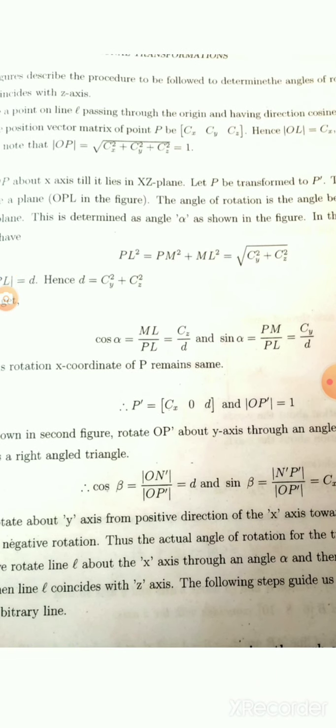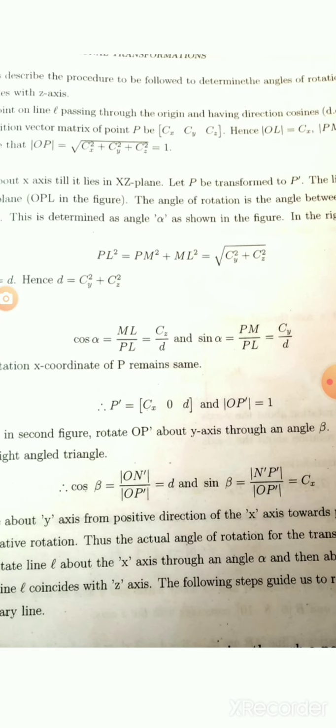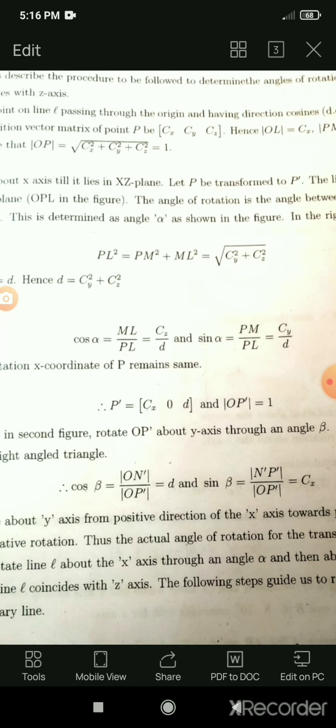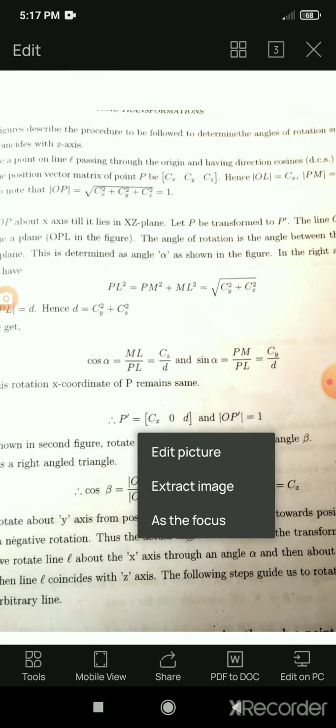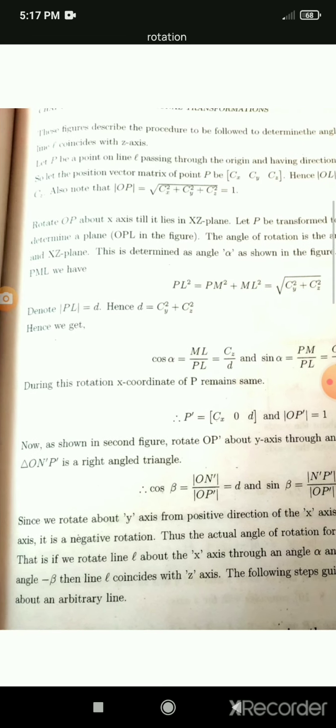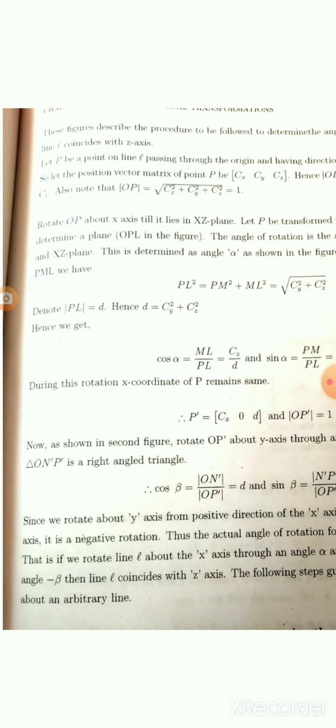And we get cos alpha equals ML upon PL, which is Cz upon D, and sin alpha is PM upon PL, that is Cy upon D. During this rotation, the x coordinate of P remains the same. Therefore P dash is Cx, 0, D and mod of OP dash equals 1.